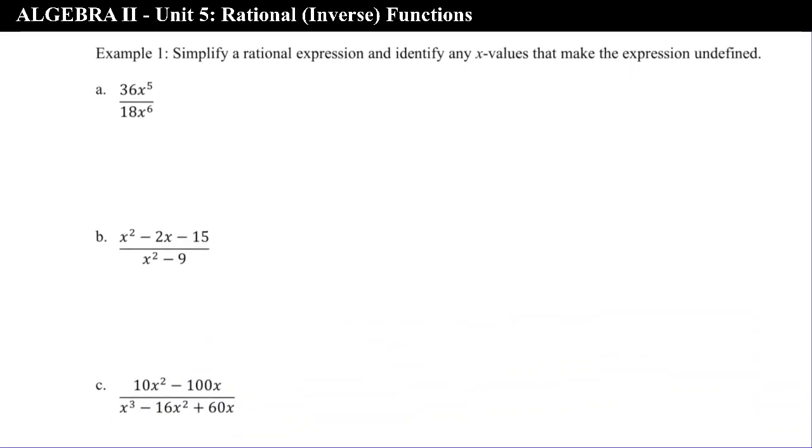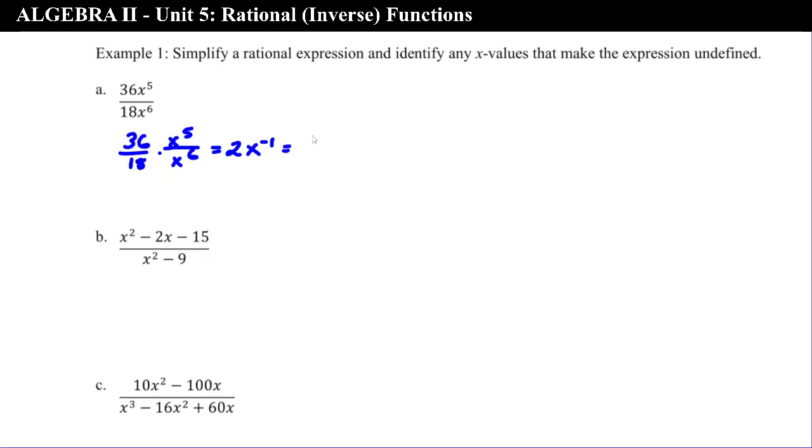So let's start off with this one. I'm going to write this as 36 over 18 times x to the 5th over x to the 6th. All right? Well, 36 over 18 is 2. If we use our exponent rules, x to the 5th over x to the 6th, that's x to the 5 minus 6, which gives us x to the negative 1.